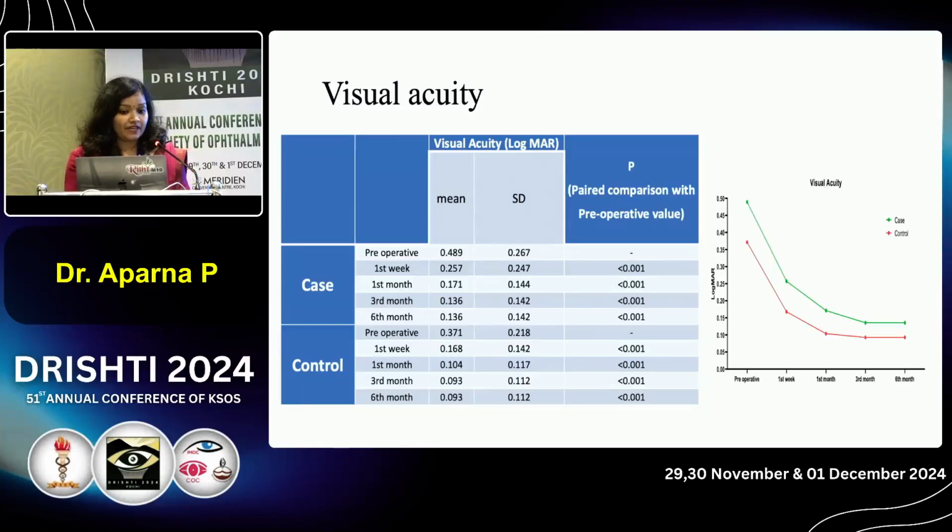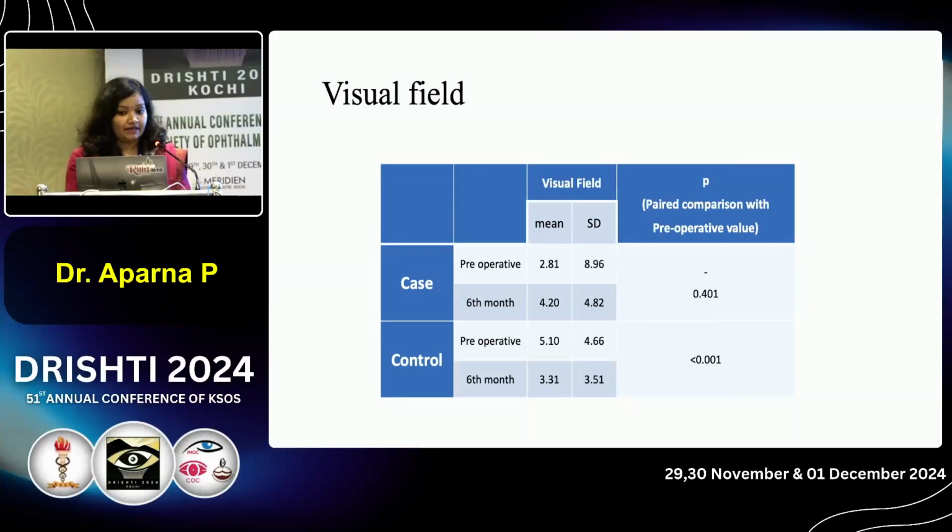The mean visual acuity was 0.489 plus or minus 0.267 preoperatively, which improved to 0.136 plus or minus 0.142 postoperatively. Similarly, visual field, which was preoperatively 2.81 plus or minus 8.96, improved to 4.2 plus or minus 4.82 postoperatively, since both the groups underwent cataract surgery, which is expected to improve visual acuity and visual field.